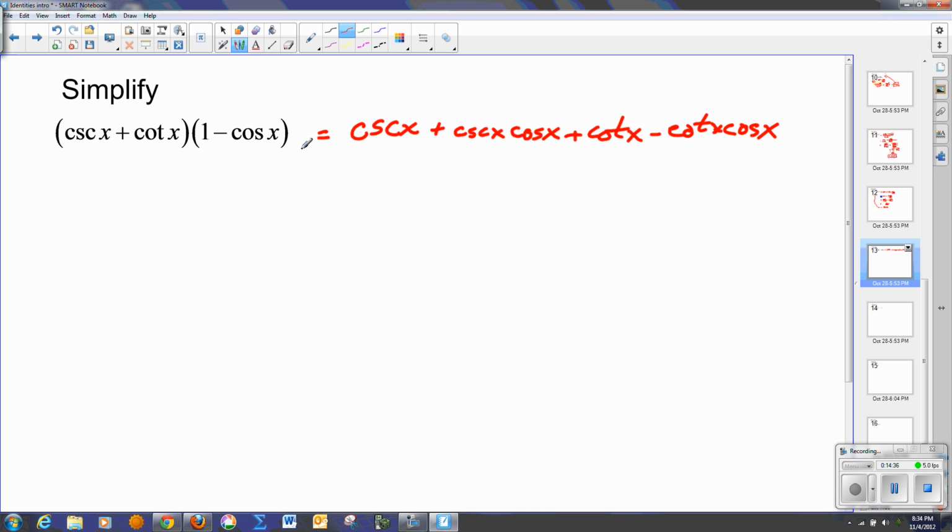And I'm looking back and I notice I just made a mistake. This term here has to be a subtraction. So now let's go through and do our next step.